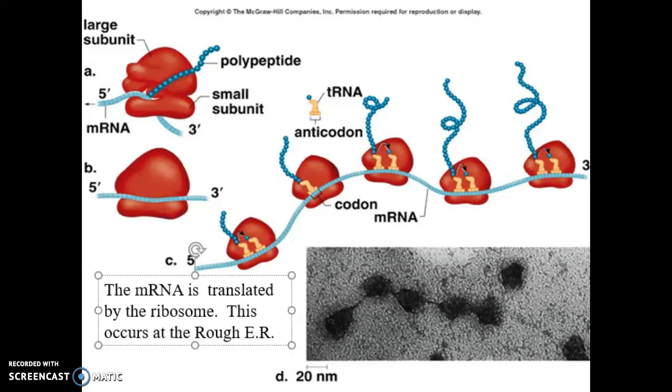Translation is the process of taking the RNA code and turning it into, there it is, translated, a string of amino acids or polypeptides. This happens specifically at the rough ER, more specifically at the ribosome.